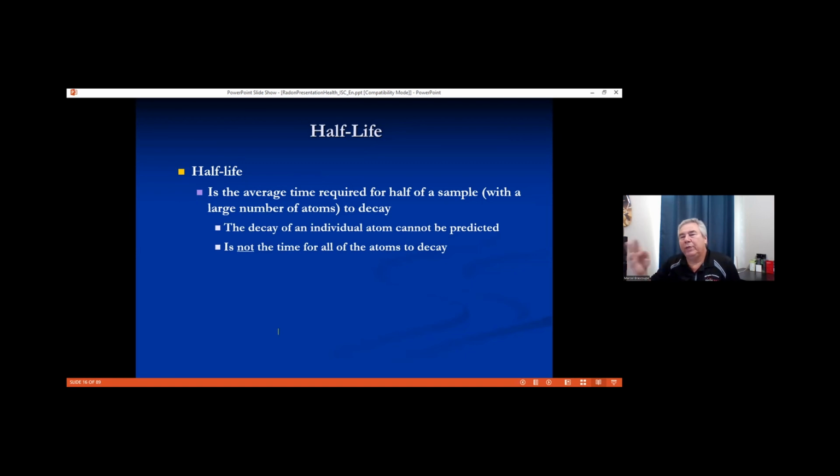We let another 3.8 days go by. We don't let any more radon come into our bottle. So what's going to be left is half of that half. Half of 50 is 25, after another 3.8 days, so about 7.6 days, 3.8 plus 3.8. After 7.6 days, we're going to be left with 25.